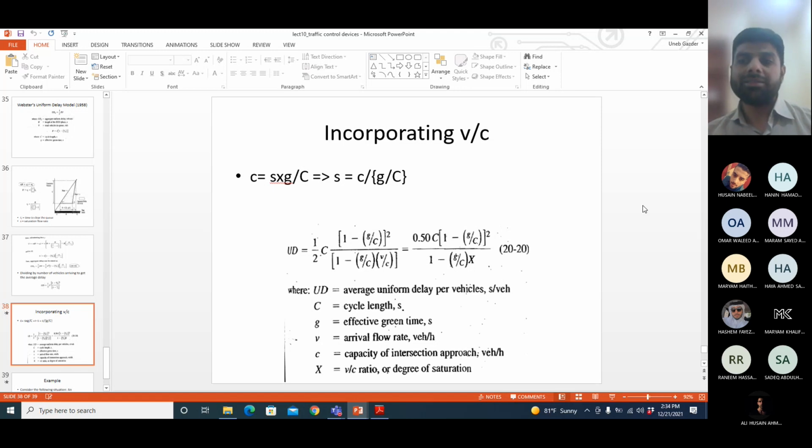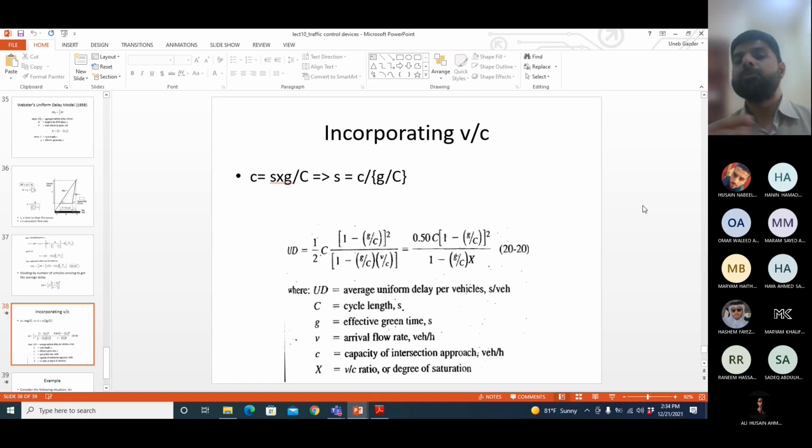If I include the V by C ratio term in the equation of delay, I will have two terms which are common between the equation of cycle length and the equation of delay.